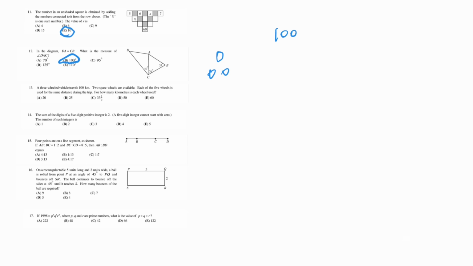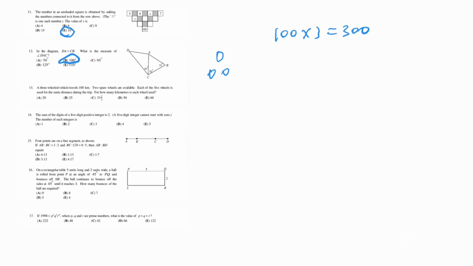If we use the three wheels and don't change, each wheel travels 100. The three wheels together travel a total of 300 kilometers. Now, they ask to use the 2 spare wheels.